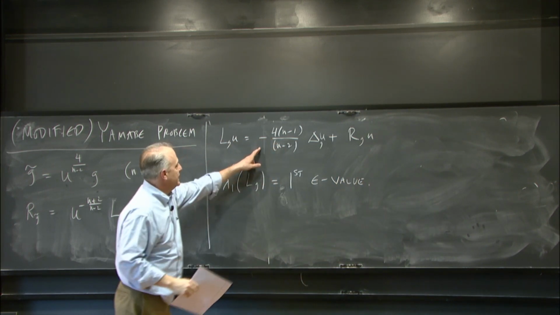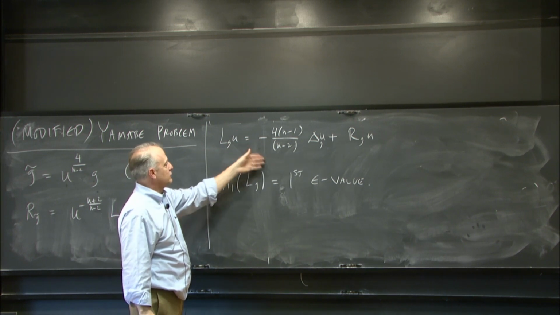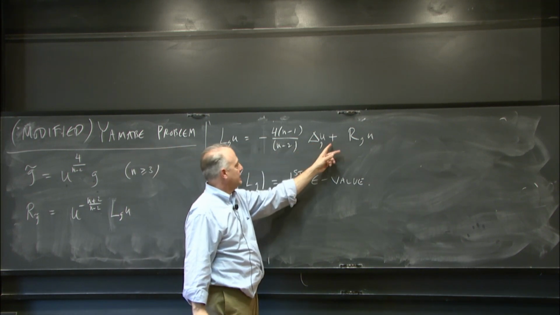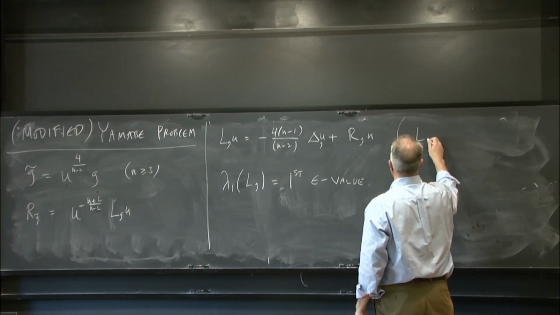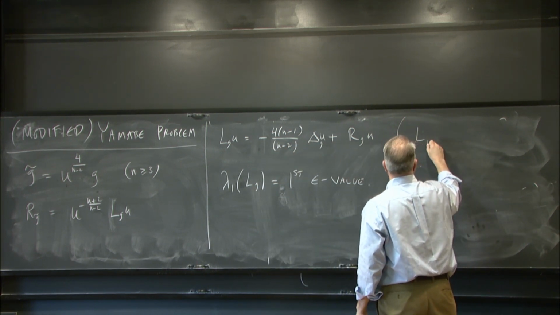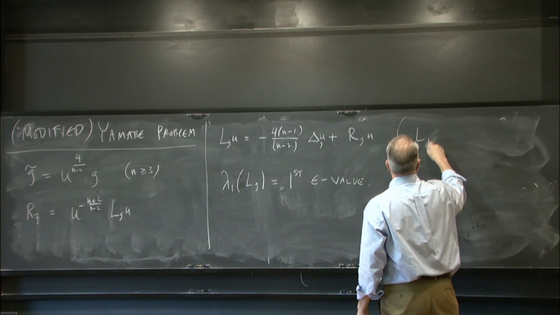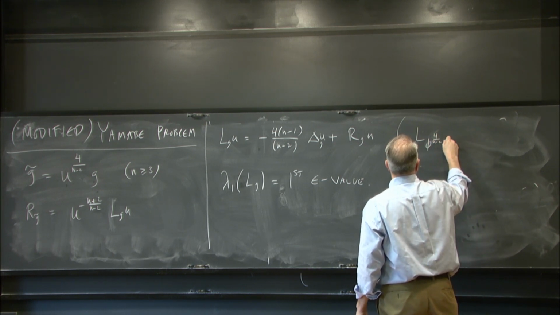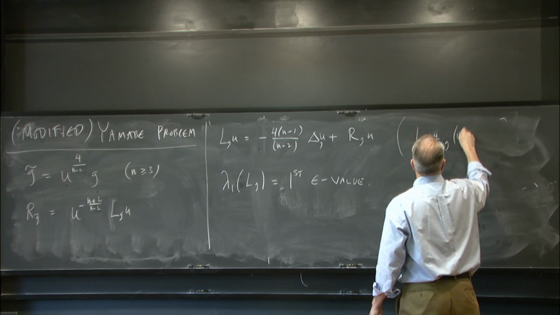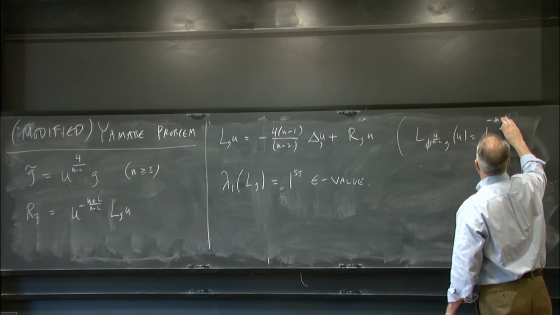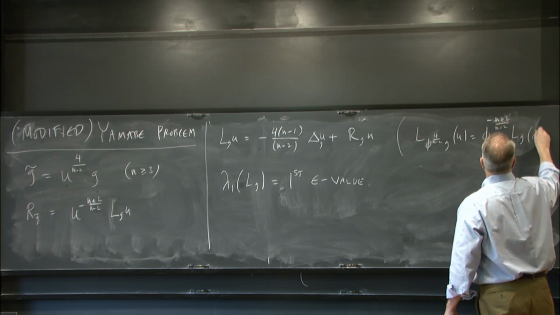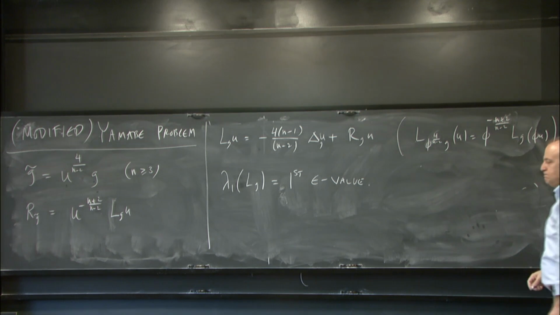Now, this operator has the nice property that it's conformally invariant. So if I conformally change the metric, the invariance property goes like this: L of the conformally changed metric applied to u, with the weights phi to the 4 over n minus 2, equals phi to the minus n plus 2 over n minus 2 times L_g applied to phi u.